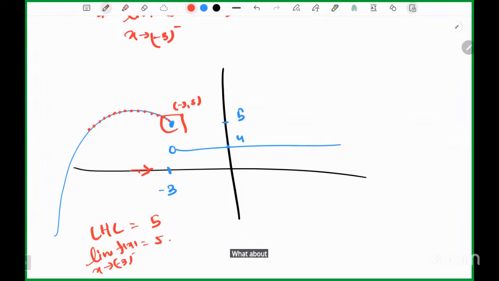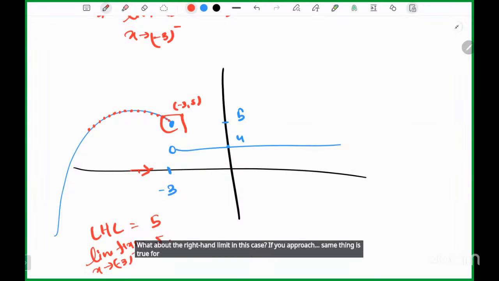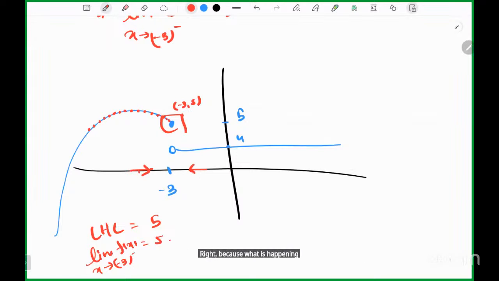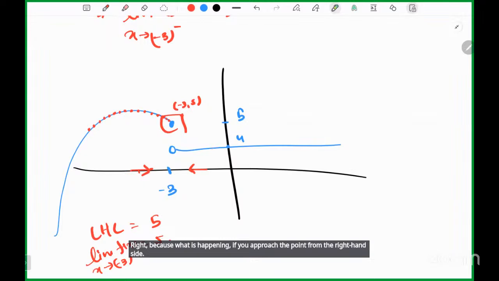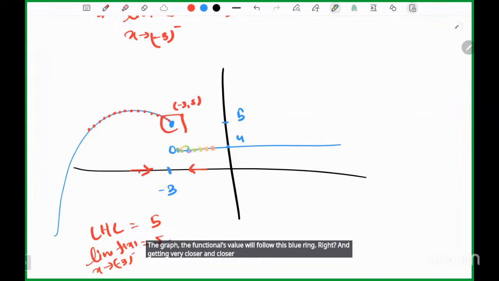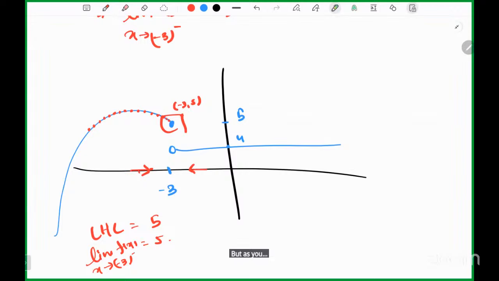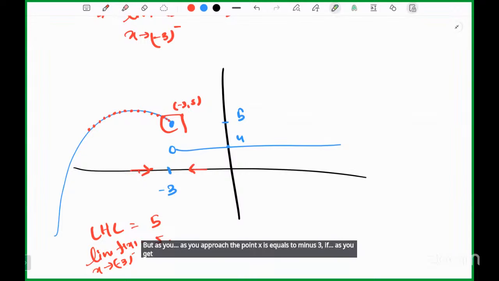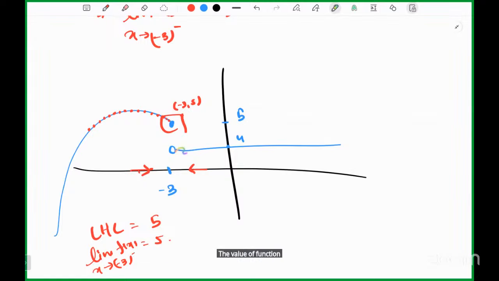What about the right hand limit in this case? The same thing is true for the right hand limit too. 4, right? Because if you approach the point from the right hand side, the function's value will follow this blue line, and it's getting closer and closer to 4. It's not exactly 4, but as you get closer and closer to the point -3, the value of the function will become 4 only.